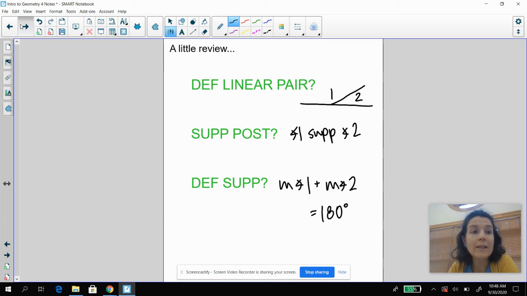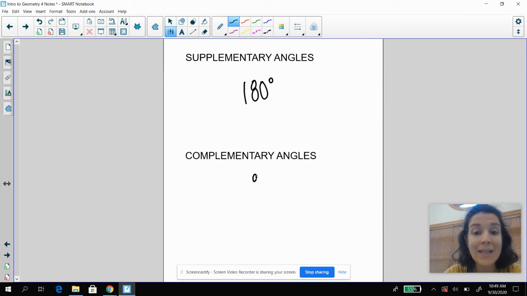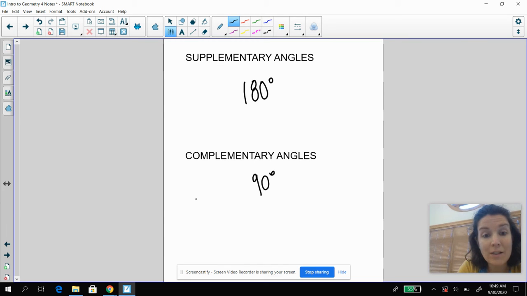All right, so running a little bit more with supplementary angles. So remember, supplementary angles are two angles that add up to 180 degrees. Complementary angles are going to be two angles that add up to 90 degrees. And just like supplementary angles, they can be adjacent. And if they are adjacent to each other, I know that complementary angles are going to be within a right angle.